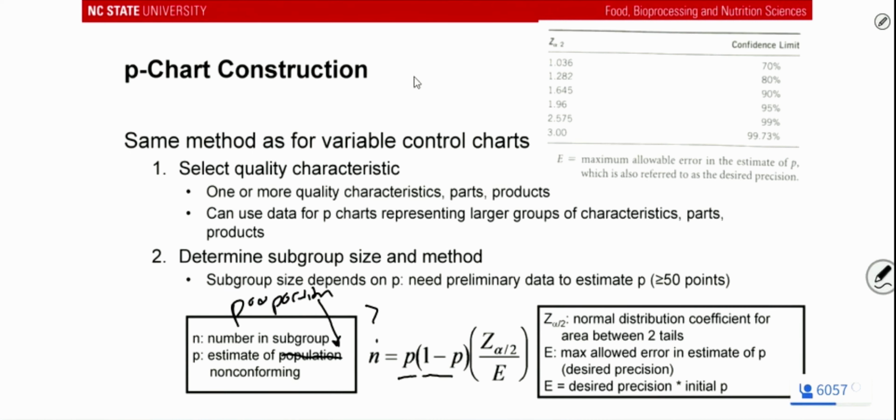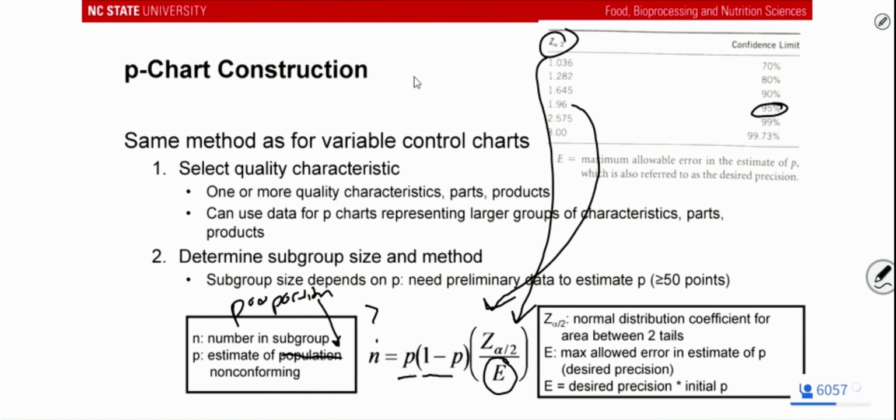And then we're going to look up this z value. So if we want a 95% confidence limit, we're going to punch in 1.96. And you'll have these slides. And we're going to calculate E. And what is E? It's the desired precision times an initial p-value.